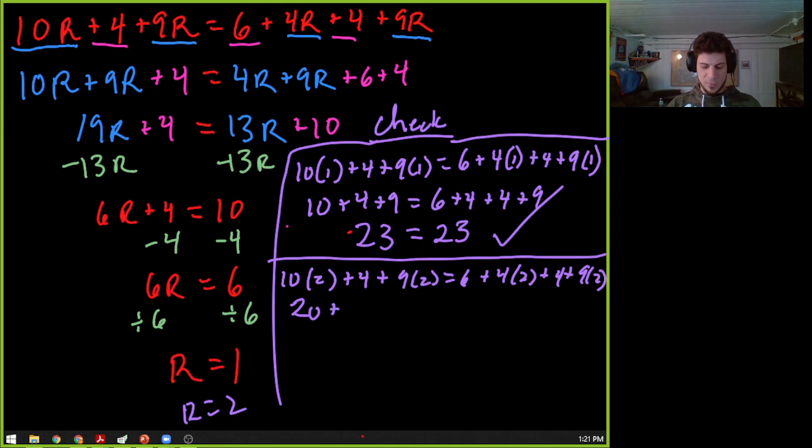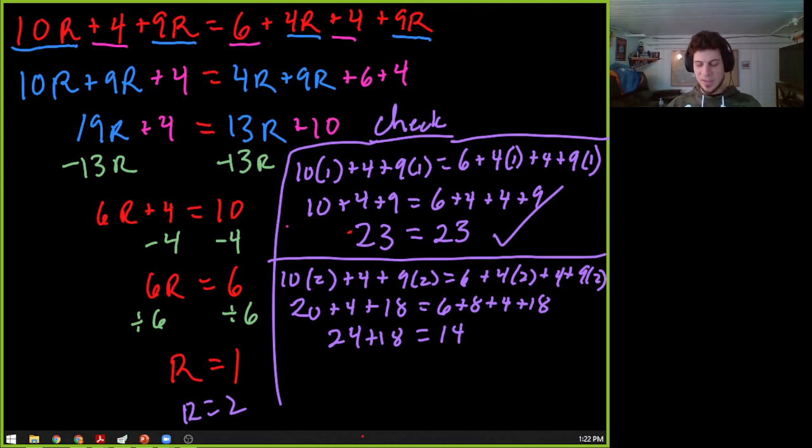Alright, let's do this math real quick. 10 times 2 is 20, plus 4, plus 9 times 2 is 18. 6 plus 4 times 2 is 8, plus 4, plus 9 times 2 is 18. Getting there. 20 plus 4 is 24, plus 18 equals... 6 plus 8 is 14, plus 4 plus 18, I'm going to add those two, is 22. 24 plus 18 equals 42. 14 plus 22 is 36.